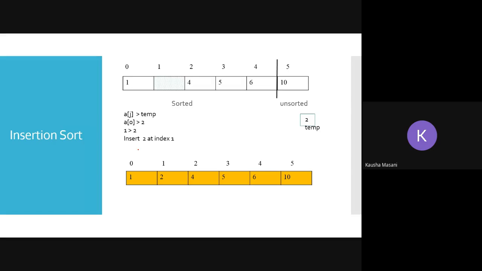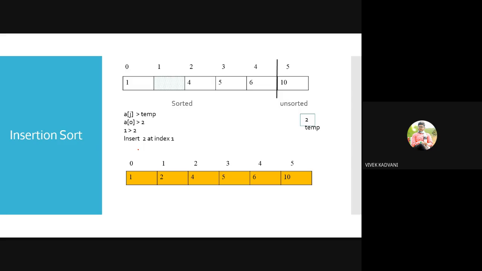Okay. Vivek, could you please repeat your answer? First, take the first index and the second index, compare both. If the first index is greater than the second index, then swap both. Now the greater element is at the second position.